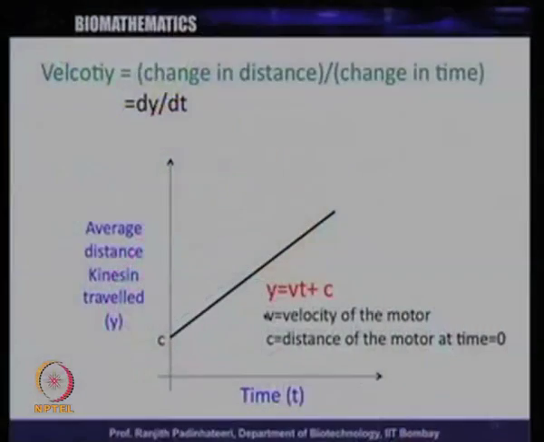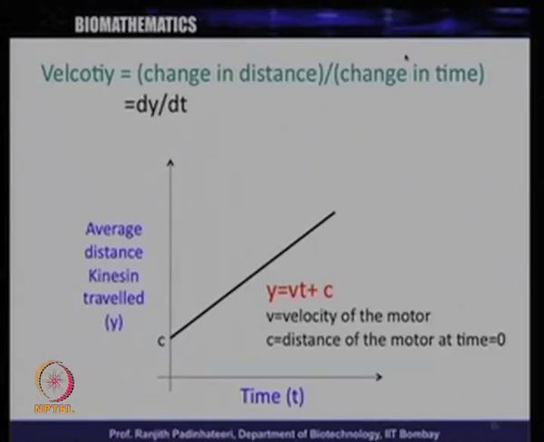So, this idea is related to the function, which here is the position, like the position of a molecular motor or the position you were traveling. If you know the position and time, we can calculate velocity. Let us look at this slide, where the simple equation for velocity is change in distance by change in time.